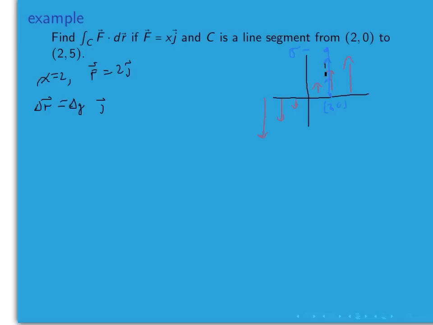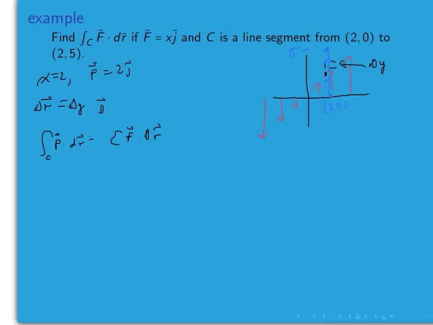Okay, so the length of one of these small incremental paths is delta y. It moves in the y direction, and it points in the j direction. Okay, so the line integral, remember, from the definition, is equal to a sum of F dot delta r.